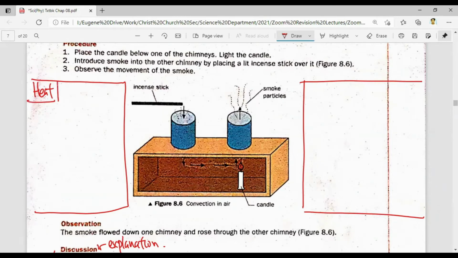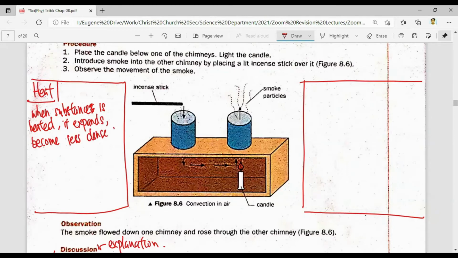So I just say, when the substance is heated, so this is the heating part. What actually happens? It expands, becomes less dense, and rises.